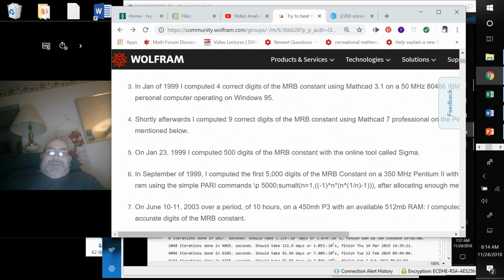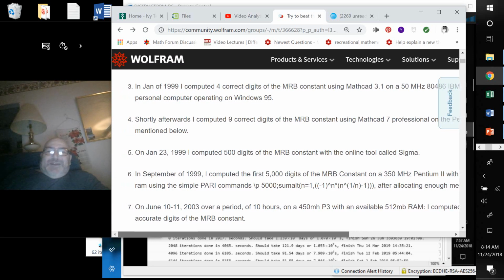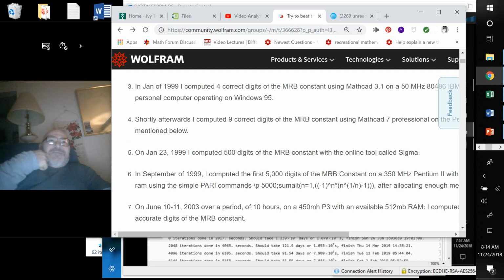Okay, in September of 1999, I had my own version of Pari and my 350 megahertz Pentium 2 with an impressive 64 megabytes of RAM. The computer I just sold, my record breaker of the MRB constant computer, had 64 gigabytes of RAM.